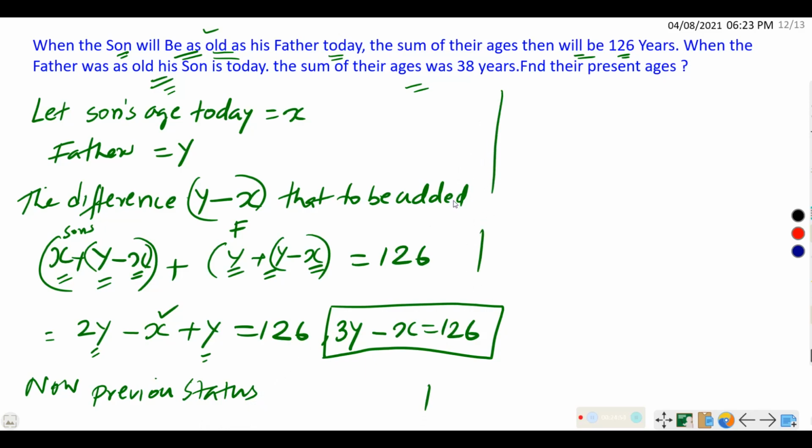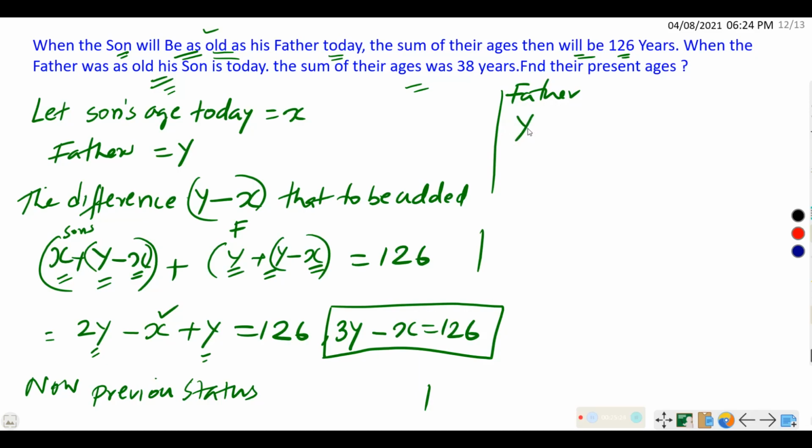What will happen when father's age equal to that of son? So son's age, which is x at present, will go back that much, which is equivalent to the difference. That is x from x. Shall I write that of father first? That will be good, because the textbook, the question says that father's age became that of son.